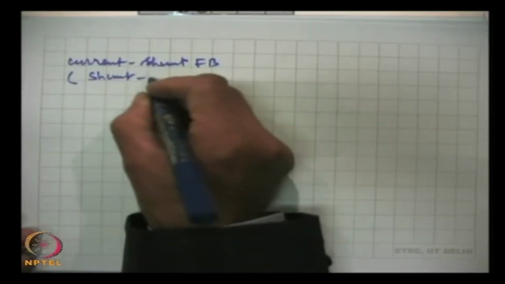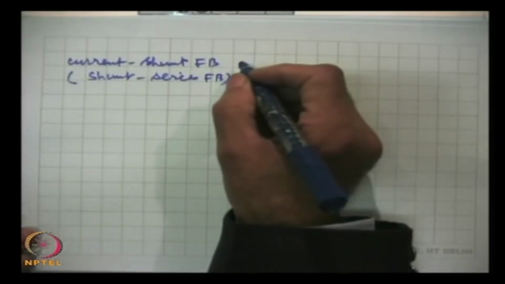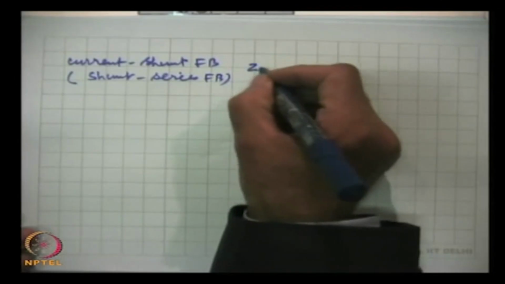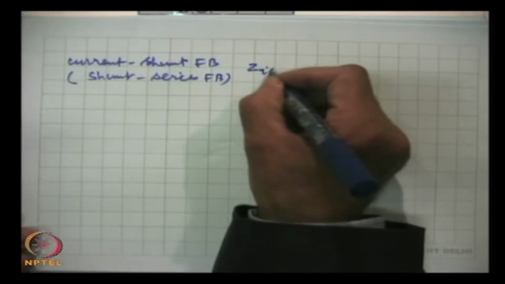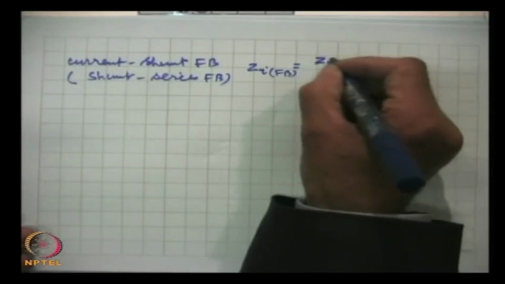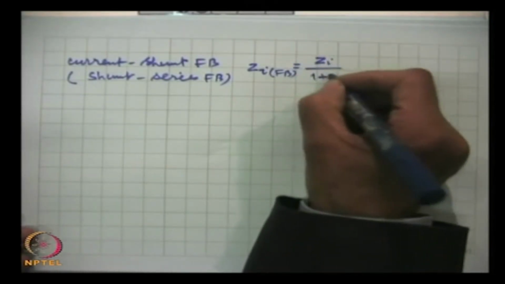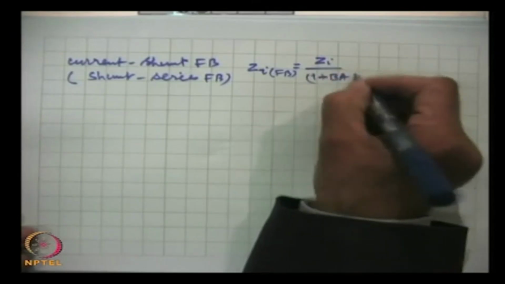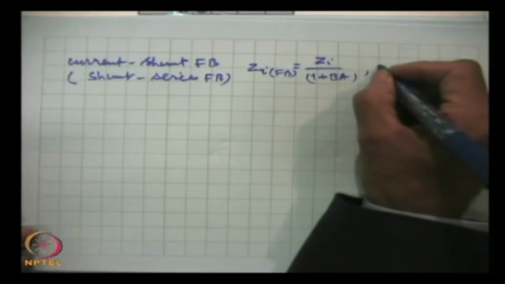And finally, in the last configuration, current shunt feedback, which is also known as shunt series feedback, the input impedance is reduced, and this is Z I FB equal to Z I divided by 1 plus B A, and the output impedance increases.